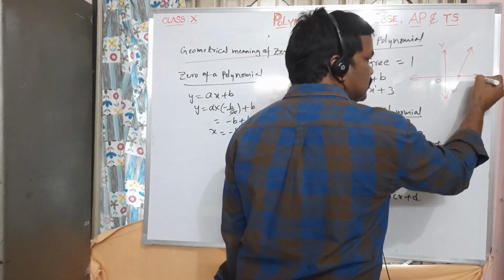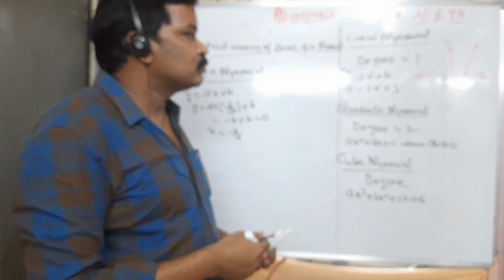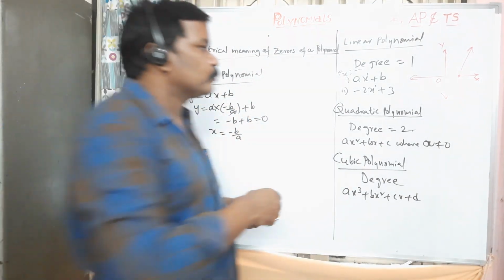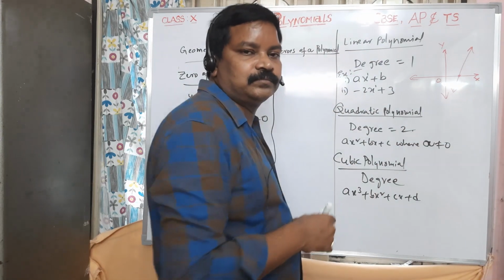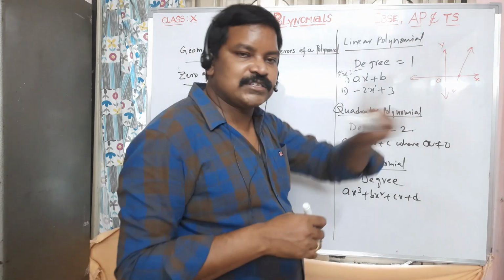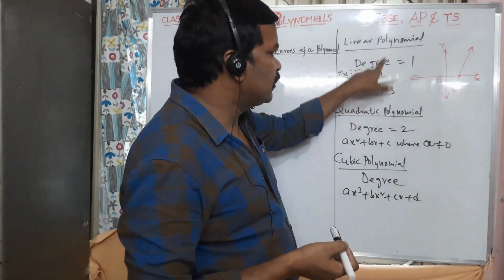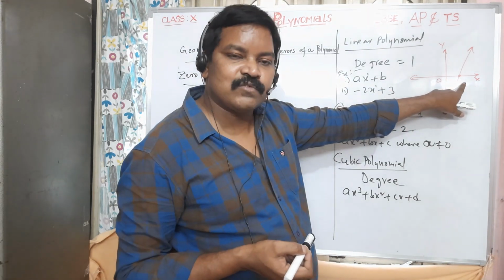You already learned these graphs in 9th class. Since the degree of a linear polynomial is 1, it intersects the x-axis at one point.